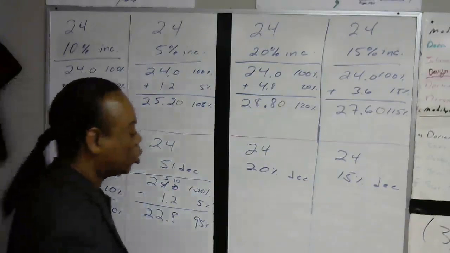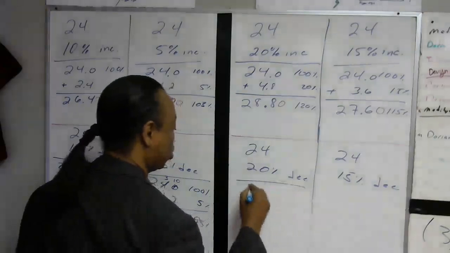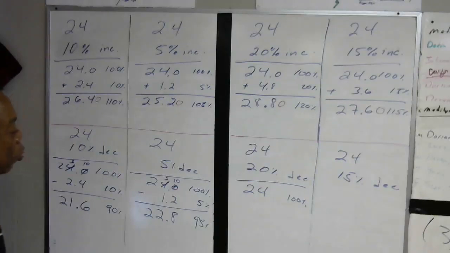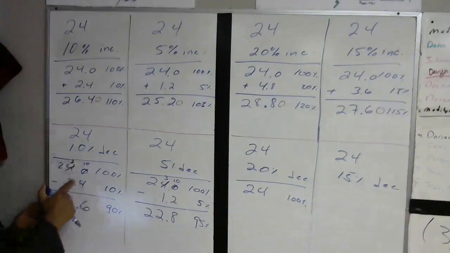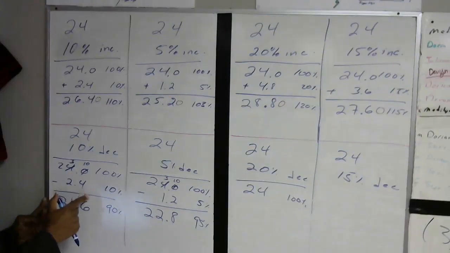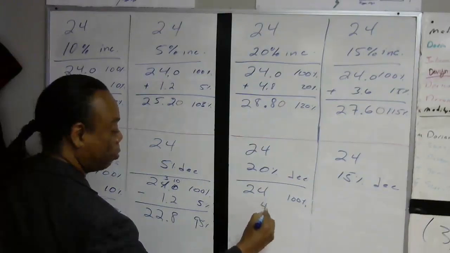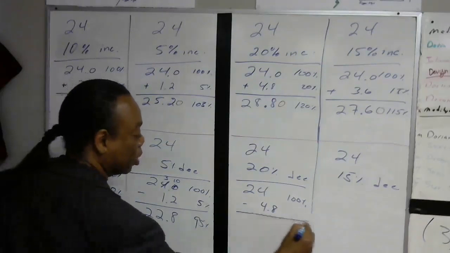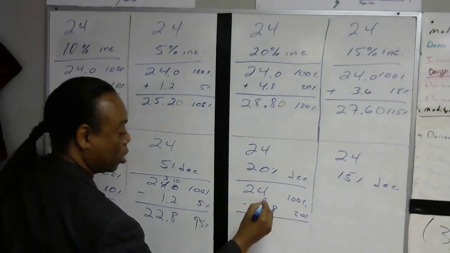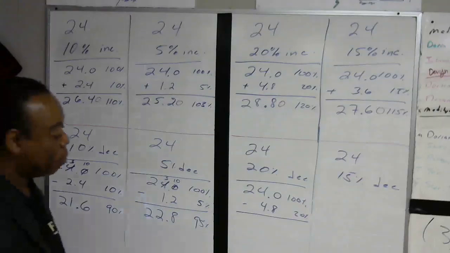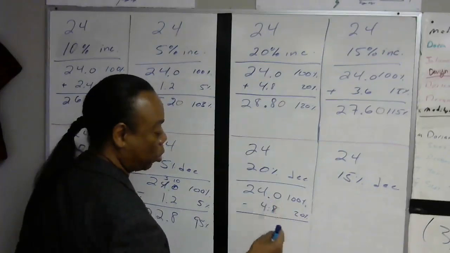Okay. A 20% decrease. We have 24 as 100%. Now, we look back again at the 10%. 10% was 2.4. 20% would be twice this. So this will be 4.8 for the 20%. This is 20%. I'll add a decimal here and a 0. And now we can subtract. We cannot take 8 from 0, so we're going to borrow.